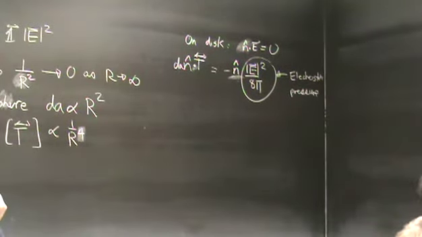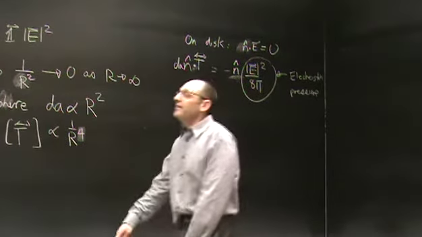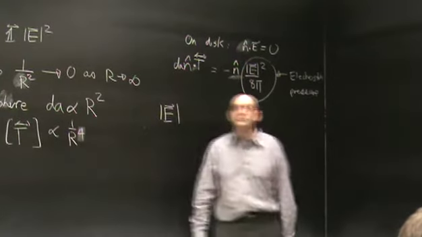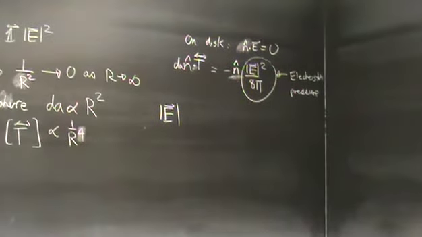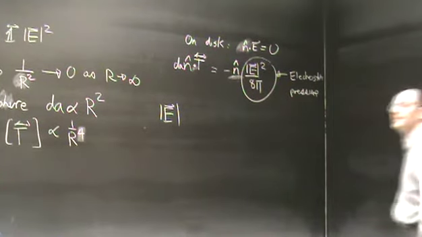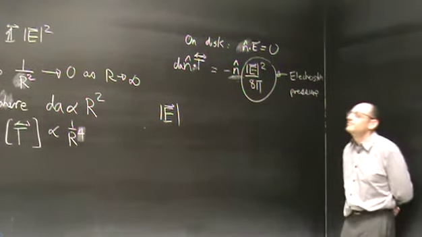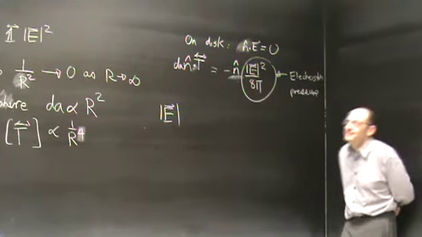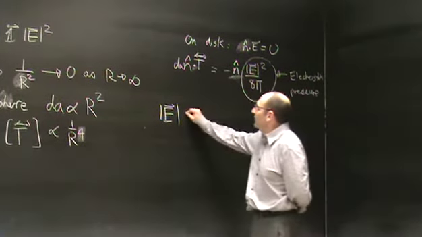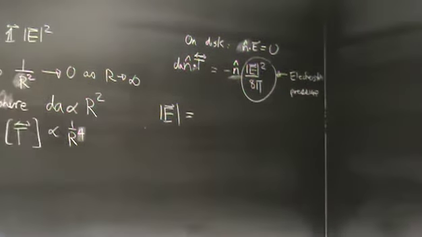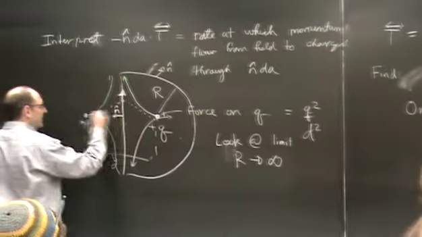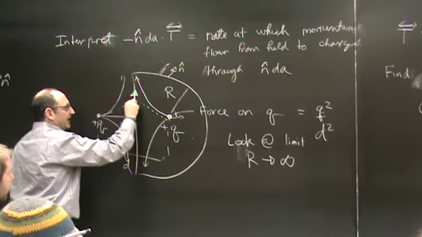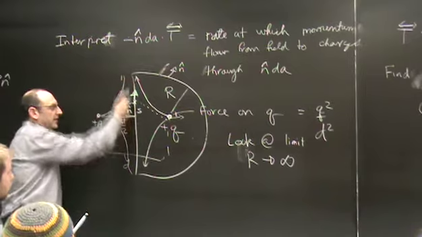So let's do it. What is the electric field on this bisector? What's the magnitude of E? So let's see. Here I am over here. The distance to this is d over 2. I'm at some point on the sphere S, on the disk, right?